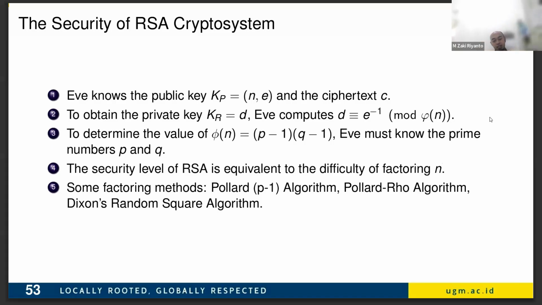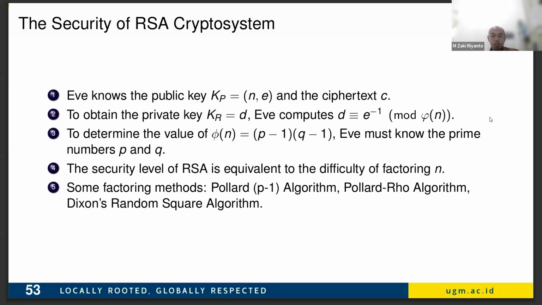So in here, the attacker knows the public key, that is N and E, and also the ciphertext C. To obtain the private key, the attacker computes the value of D, that is the inverse of E modulo φ(n), but to know the value of φ(n), which is (P minus 1) times (Q minus 1), the attacker must know the values of the prime numbers P and Q. So the security level of the RSA system is equivalent to the difficulty of factoring the value of n.